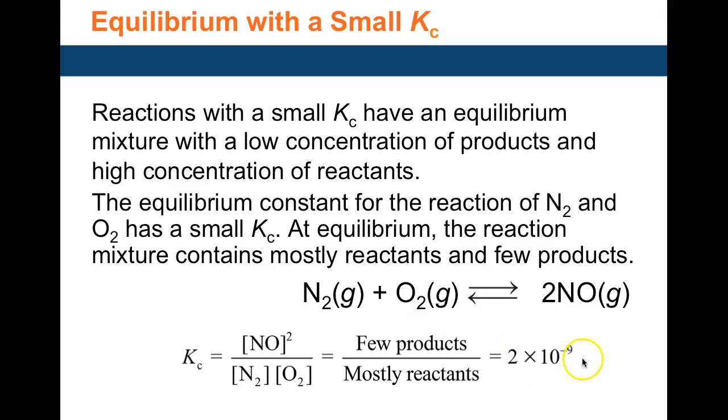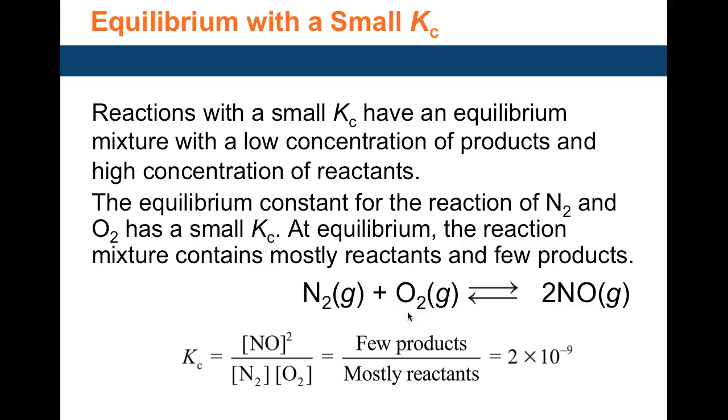Here, it's much less than 1. That indicates that the denominator is a greater number, and therefore it's mostly reactants. And that's a good thing because we don't want nitrogen and oxygen in the air forming nitric oxide. So most of the time it's not productive.